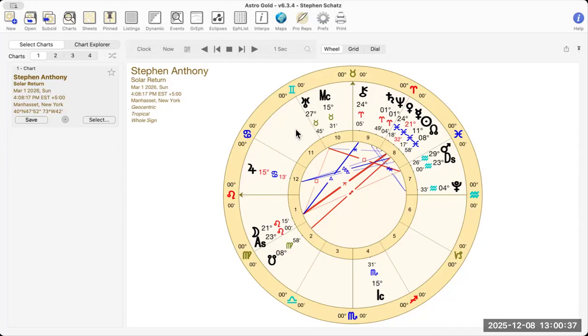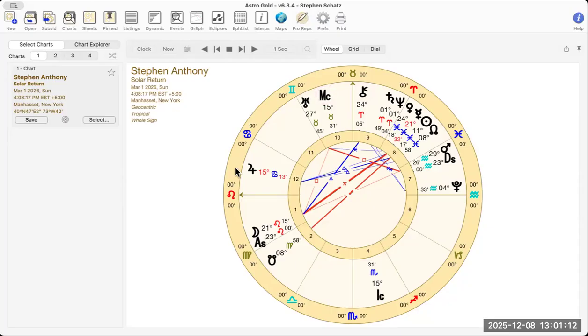November, then December, not much, and then February, Jupiter, 2027. Interesting, huh? January 2027. We'll have some Jupiterian blessings coming in. So yeah, some upheaval in November.